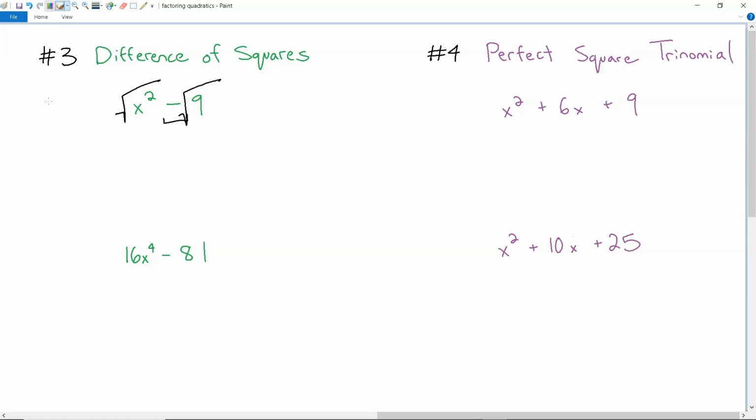If I square root x squared, I get a value of x. If I square root a 9, ignoring the negative because you can't square root a negative value, you get a 3. So whenever I have two terms like this and they have perfect square roots, I can write out their answer in factored form, like so.